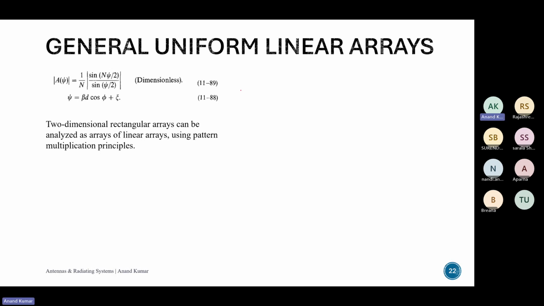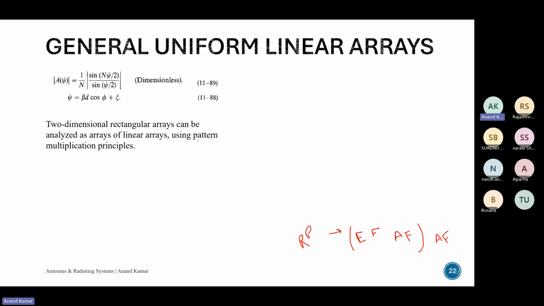We did see that the radiation pattern is a product of the element factor and the array factor. So if we make an array of this array, this would again be multiplied to get the final radiation pattern of the two-dimensional rectangular array.